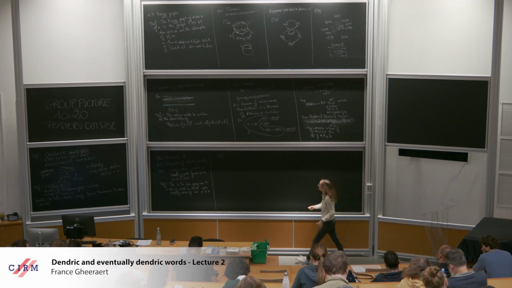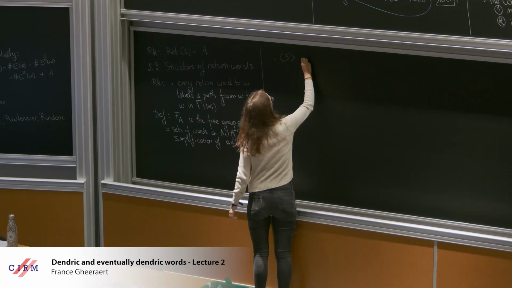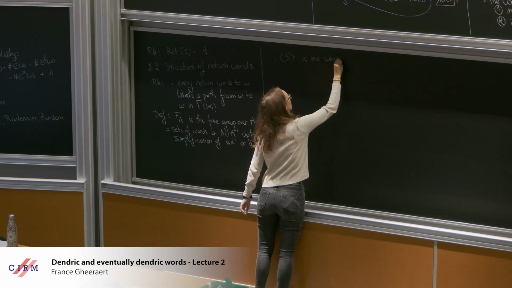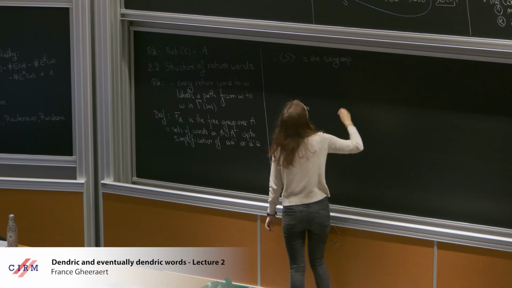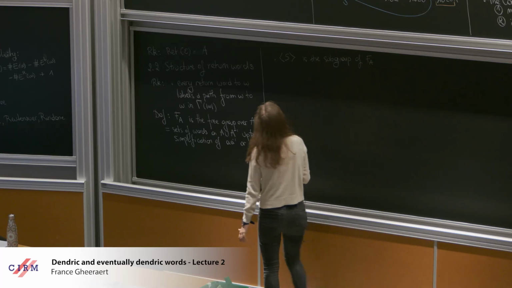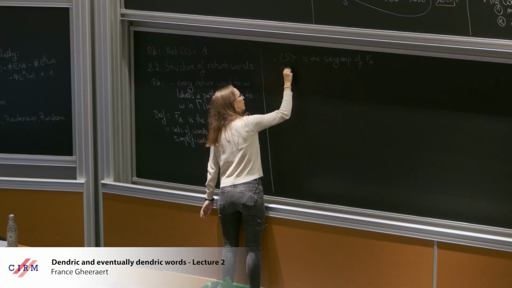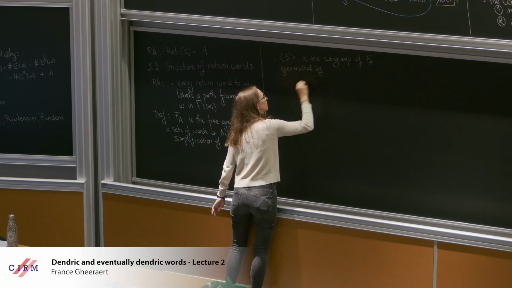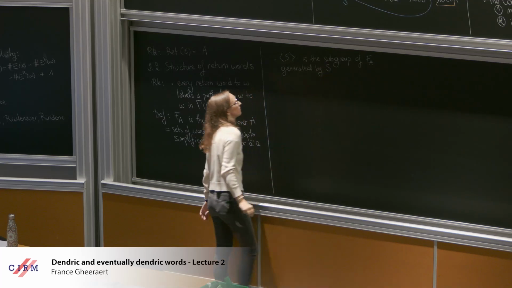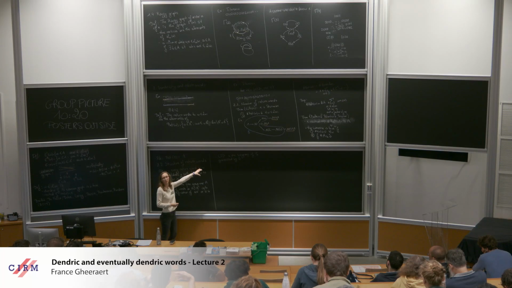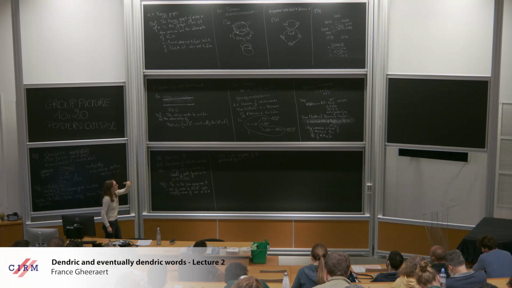So this is the subgroup of my free group generated by the elements of S. And so this is everything that you can obtain by concatenating elements of S or taking inverses of elements of S and concatenating them and so on and so forth.